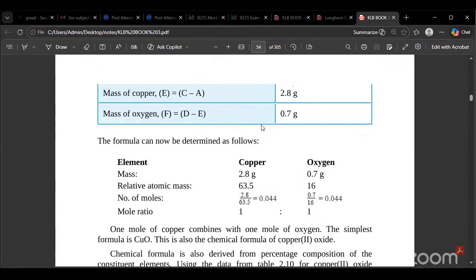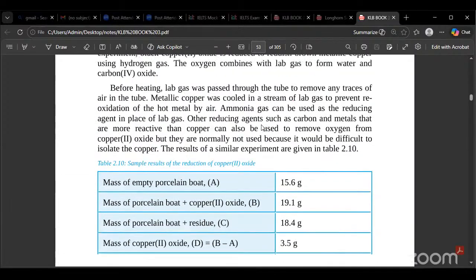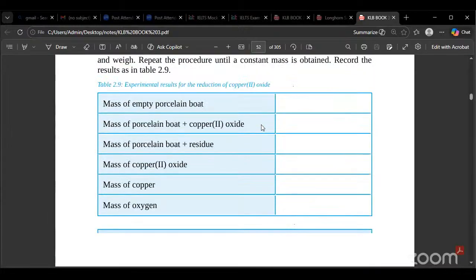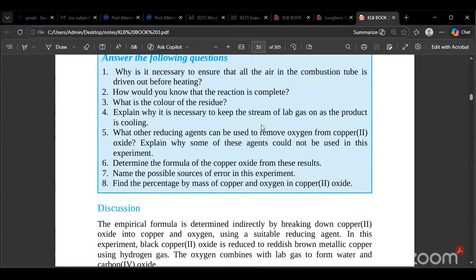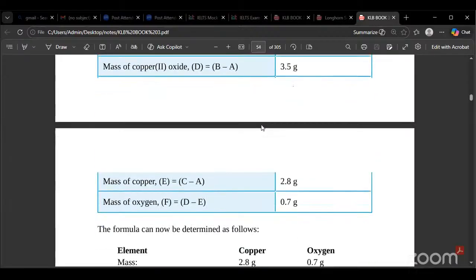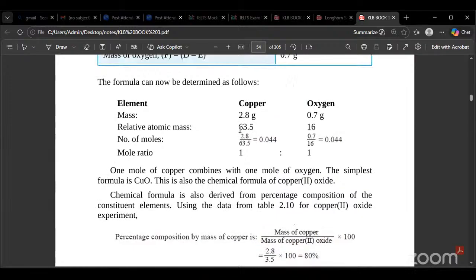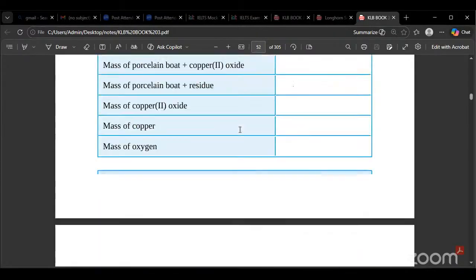Is it copper or the magnesium? Determining the mole ratio. Okay, so we can use any, no problem. Let us use copper instead. I just wanted that one because I had done something different. Okay, no problem. We go back there very quickly.